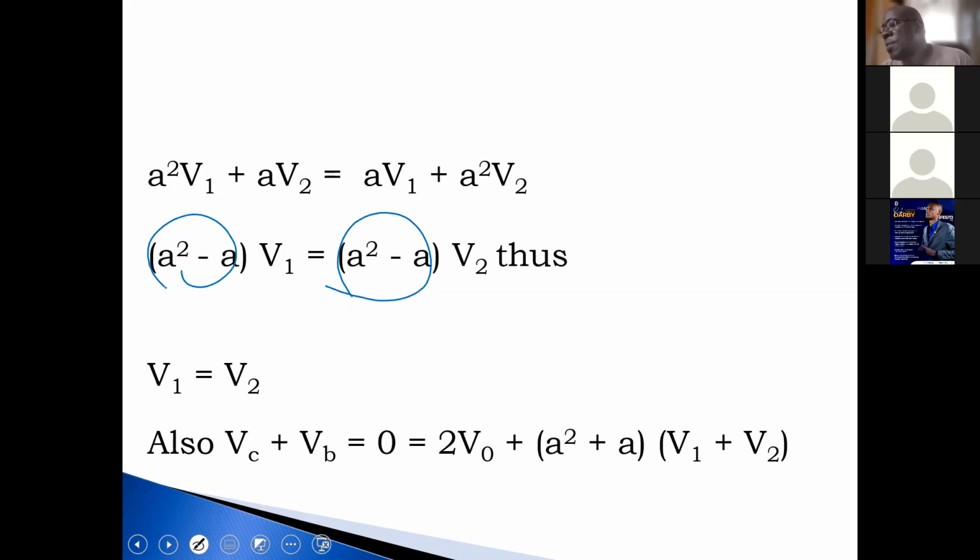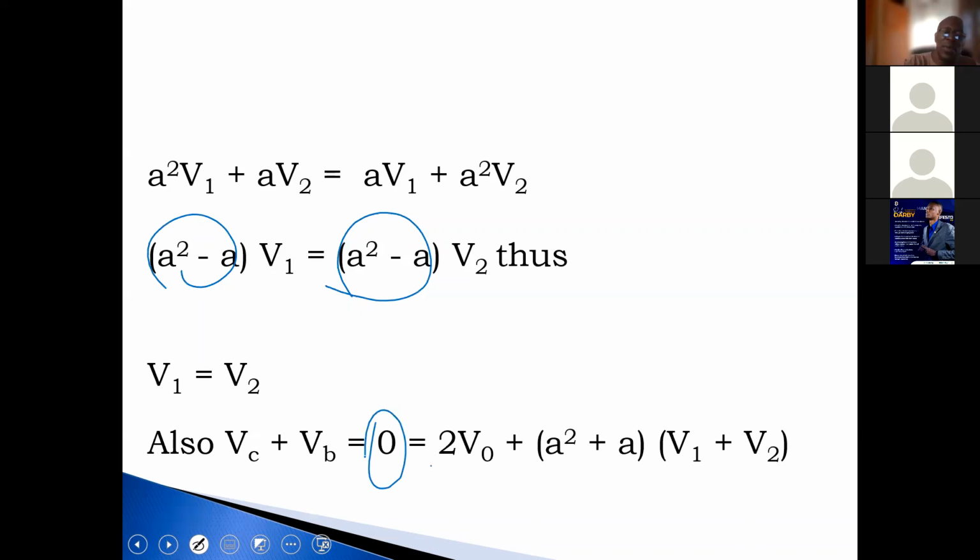Now for the voltages, the analysis is not as simple as with the current. If we add VB and VC, we know VB and VC are equal to 0, so 0 plus 0 gives us back our 0.